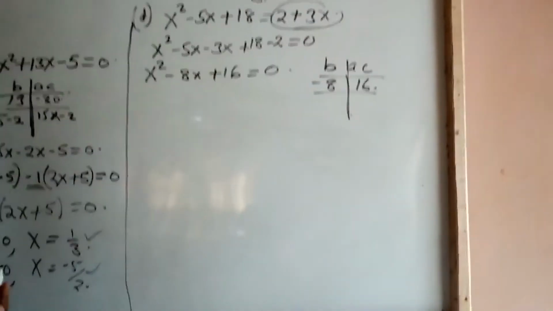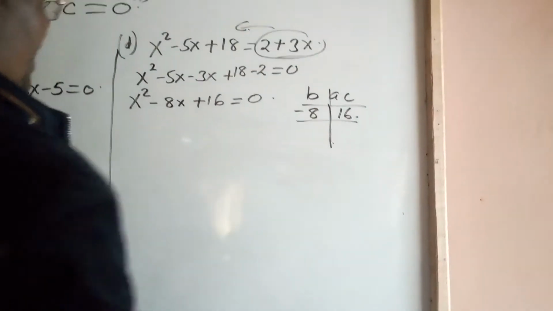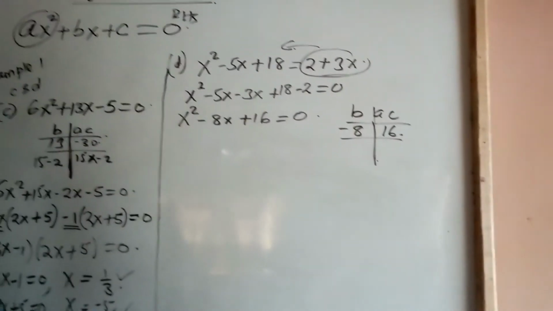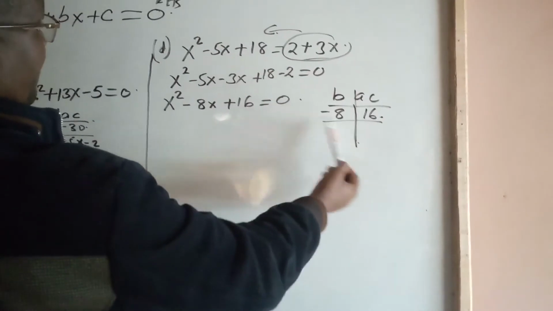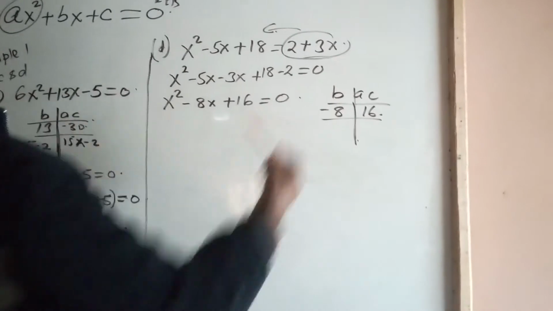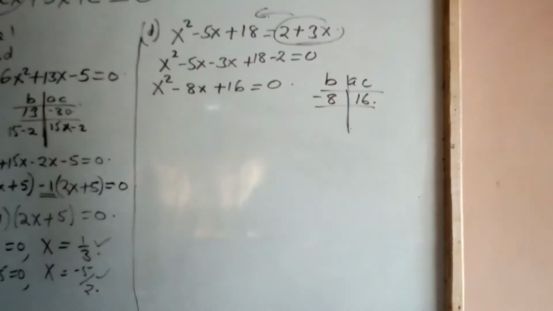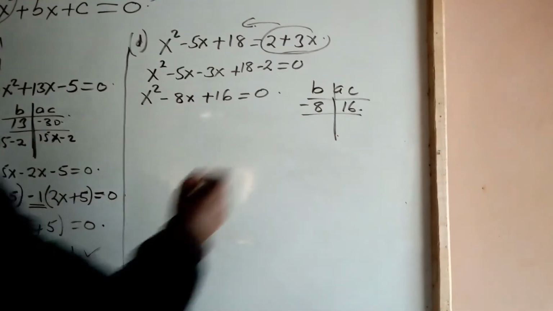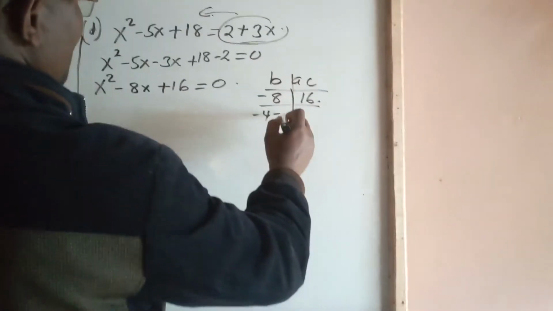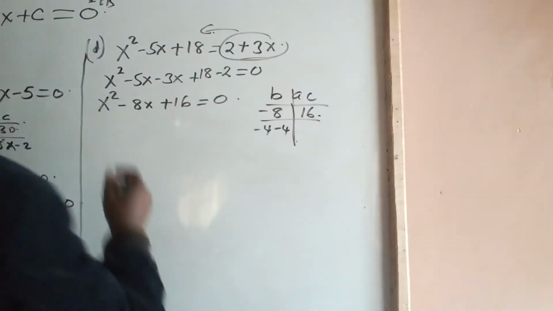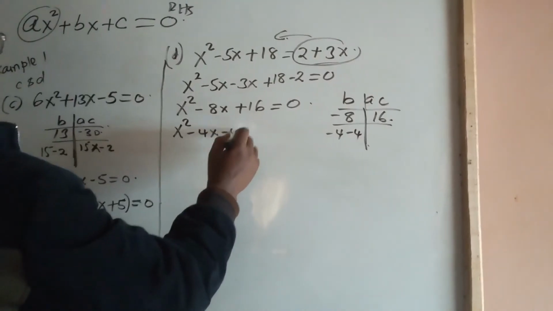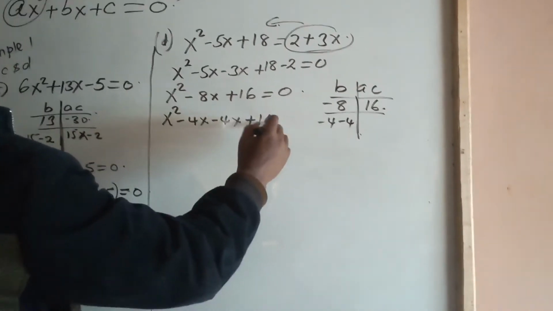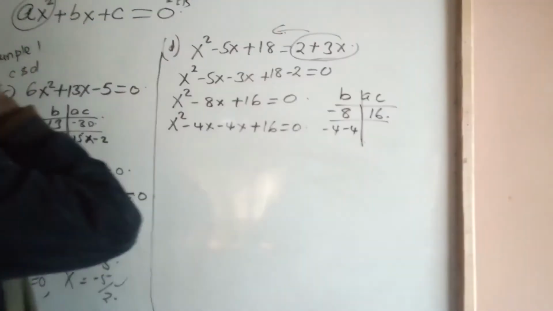Of course, hint, both of them must have a negative sign, such that negative times negative will get a positive, and negative plus a negative, we are going to get a negative. So it goes without saying, this is minus 4, minus 4. And of course, we break the middle term, x squared minus 4x minus 4x plus 16 is 0.